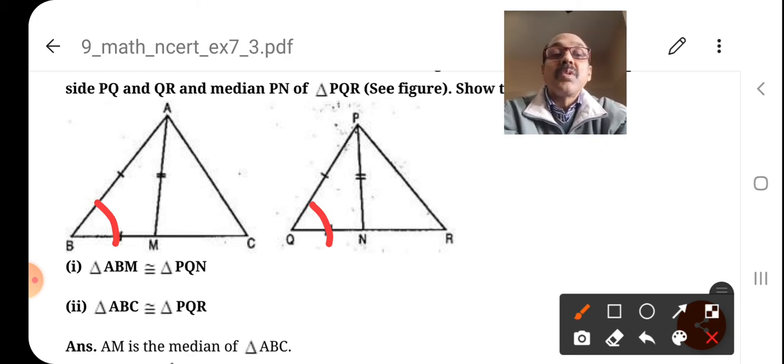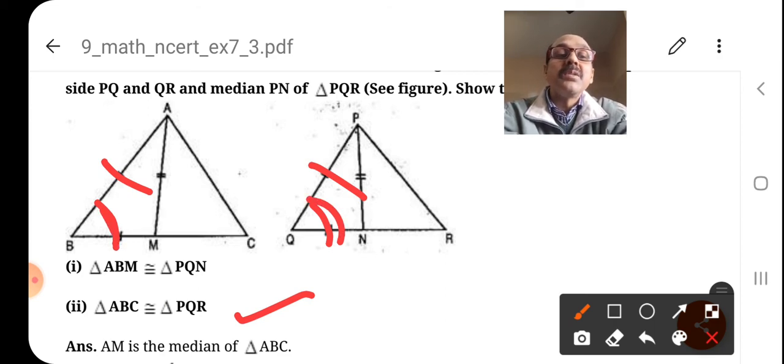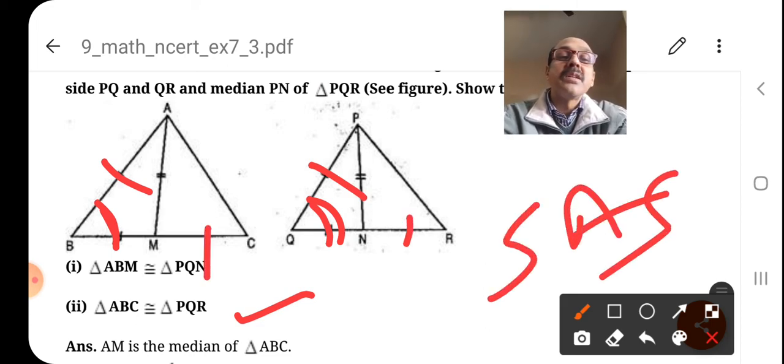Now from triangles ABC and PQR, it is given AB equals PQ, and this angle equals this angle, and it is also given BC equals QR. So by SAS we can say triangle ABC is congruent to triangle PQR.